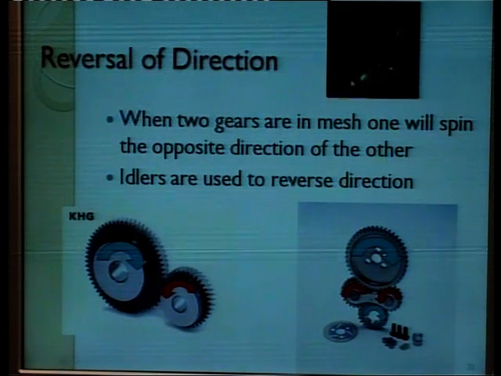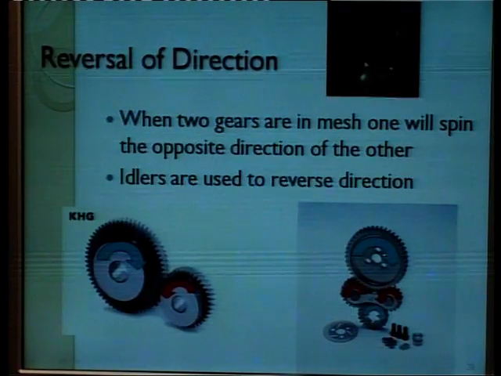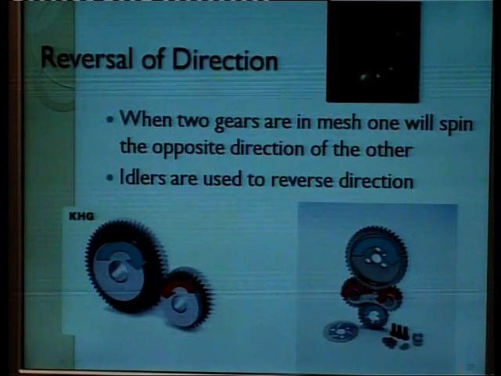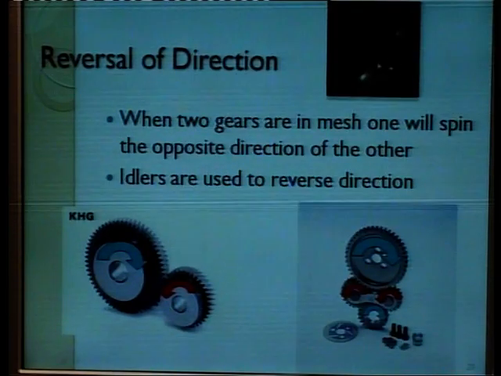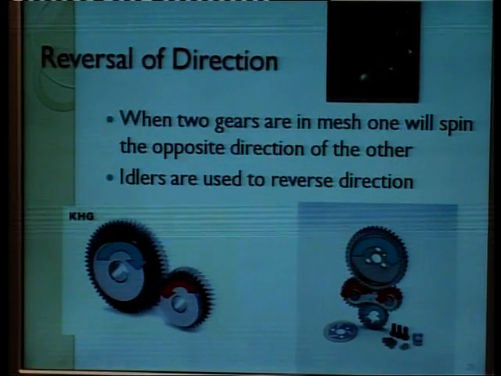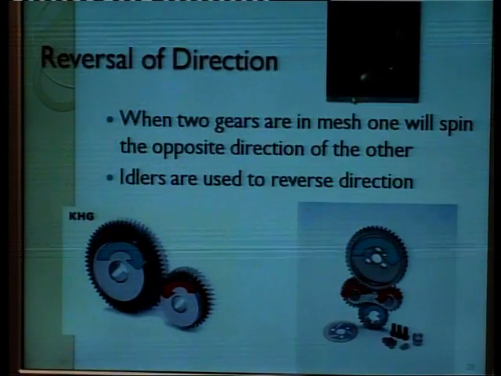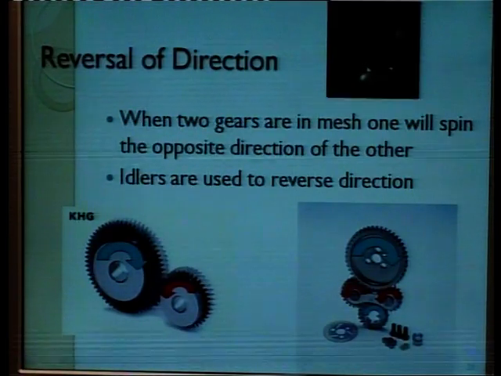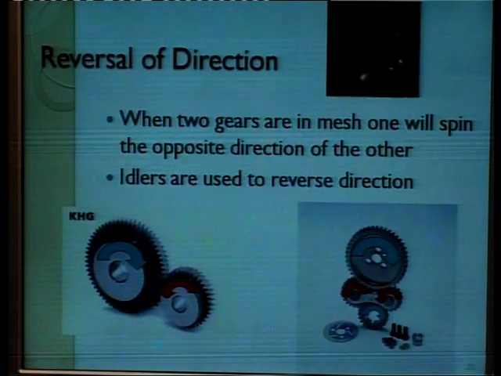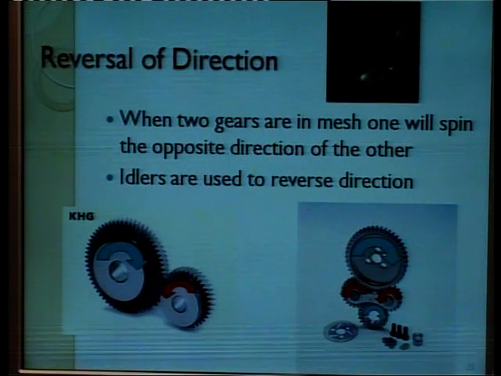So, in this case, the driving gear is running anti-clockwise, the idler gear is running clockwise, and the output shaft is again running anti-clockwise. So, we are getting the same direction of motion for the input shaft and output shaft. This is the principle used for putting in a reverse gear.